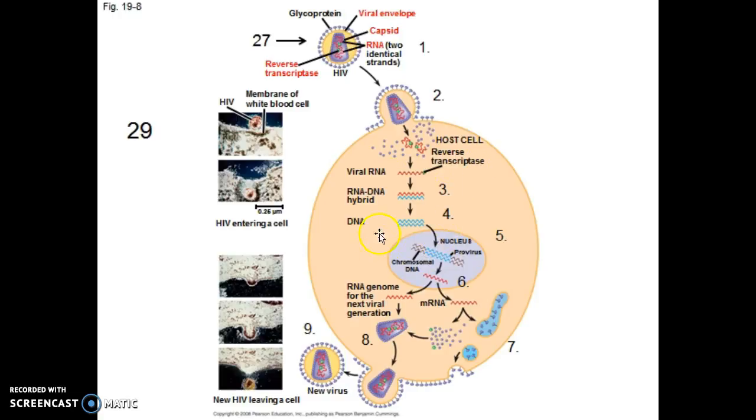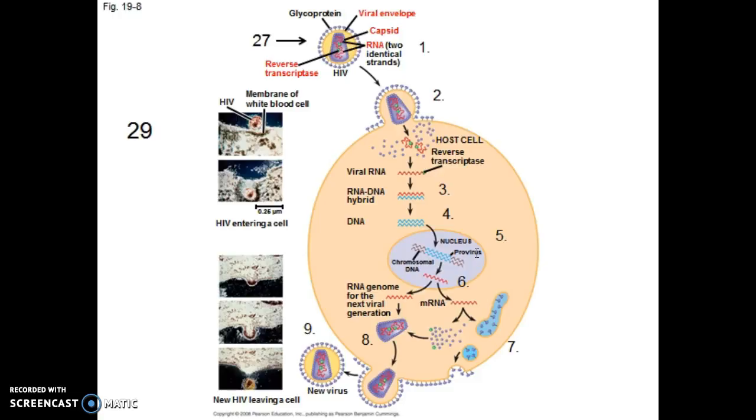So every time this cell goes through mitosis, or cellular reproduction, and it makes a copy of the DNA, which was DNA replication, it's copying the viral genome as it copies the rest of the chromosome. It doesn't go away. It's a permanent fixture within the genome. So that's a provirus.